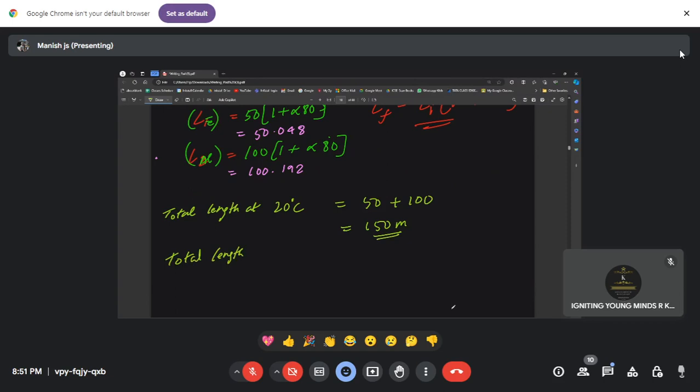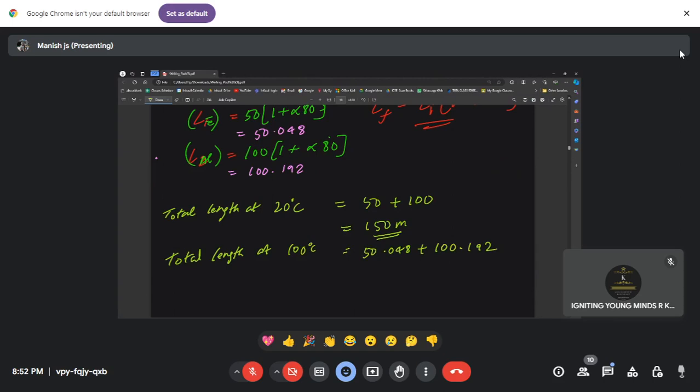So how do you find the total length at the final temperature? Again, the lengths you have found out here, right? It's 50.048 at 100 degrees Celsius. The total length is going to be 50.048 plus 100.192.